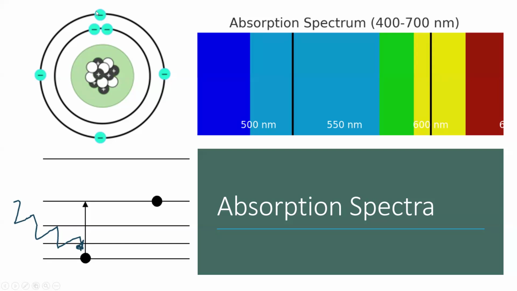Well, photons can interact with these electrons, specifically the electrons in the outer shell, which are freer and so more able to move. And I've drawn this in a diagram. These straight lines are just these circular lines drawn out in a straight way. And this funny line here is a photon coming and interacting with the electron.